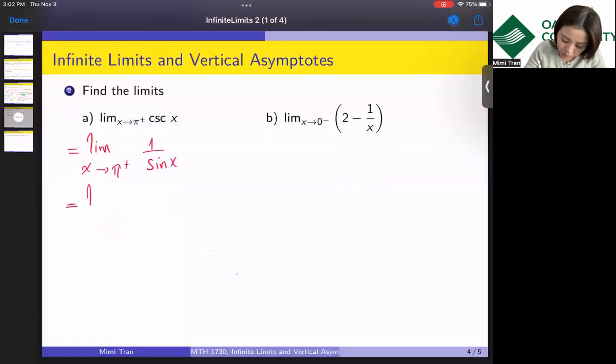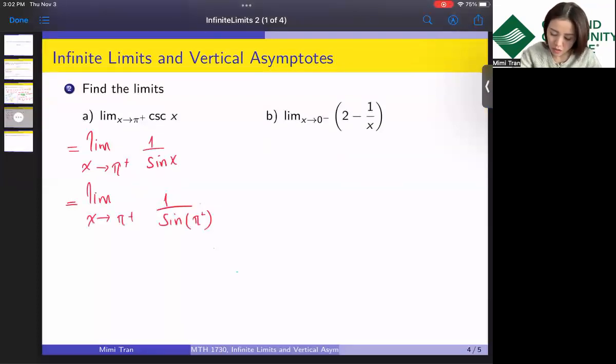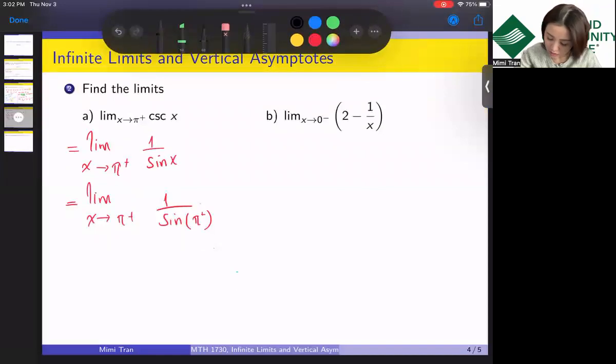Now, if I plug pi approached from the right into the function, I get 1 over sine of pi from the right. Let's see what it looks like graphically.